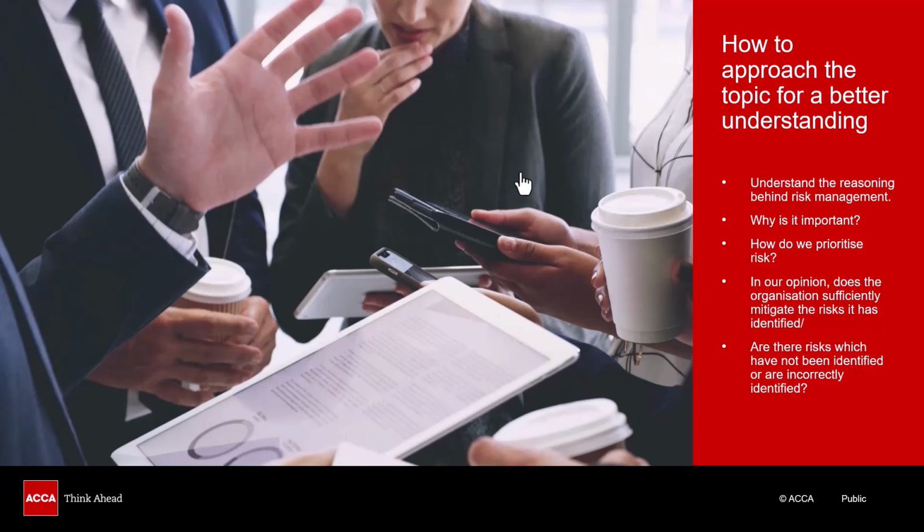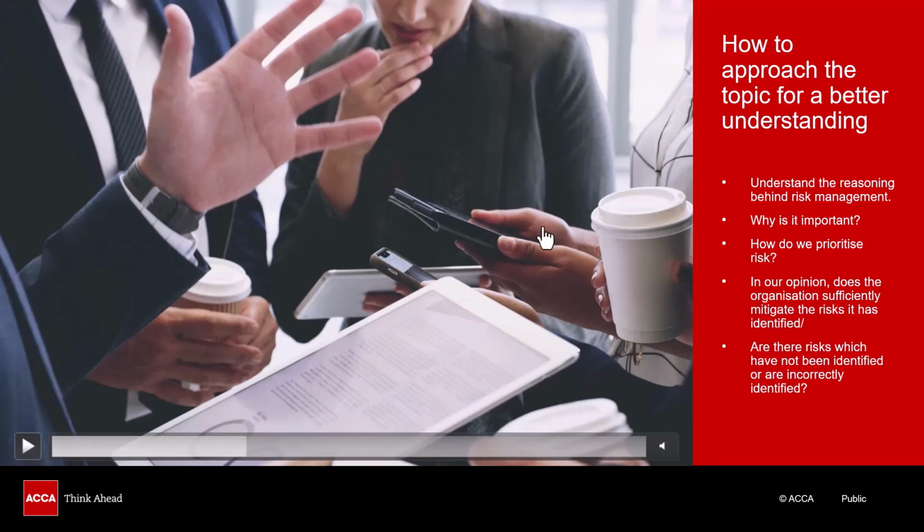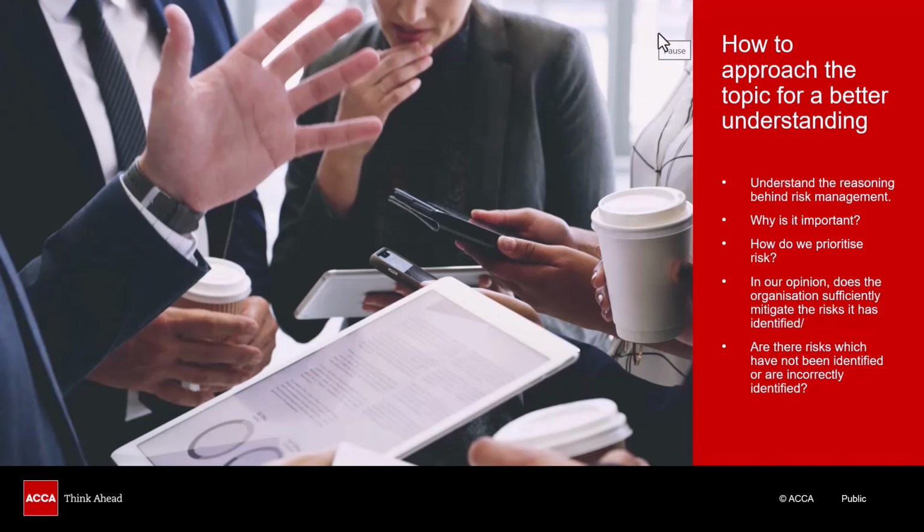When we know what the risks are, we need to make some kind of judgment about whether the risks have been sufficiently mitigated. Okay, the ones that it has identified, or even if there have been risks which the organization hasn't identified that you have seen. So these are risks that may be in the case study, in the pre-seen case study.